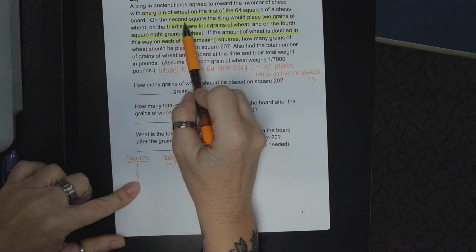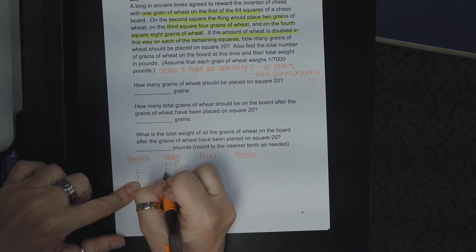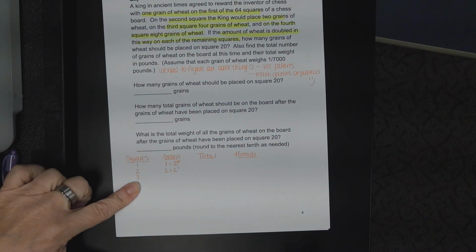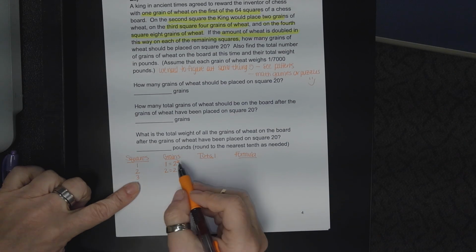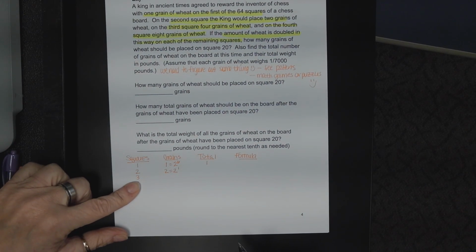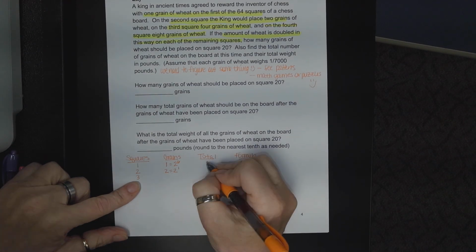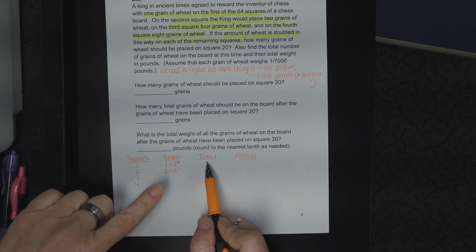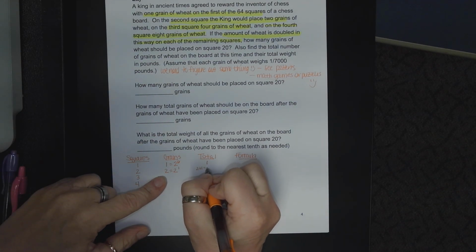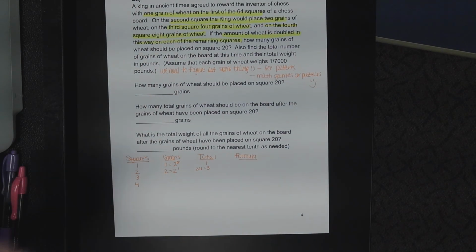Square 2, he placed 2 grains. Right? Well, that's 2 to the first power. Here, if he had 1 grain, that's a total of 1. Well, he had 1 grain here, and he placed 2 more, right? So 2 plus 1, that gives us 3 grains here.